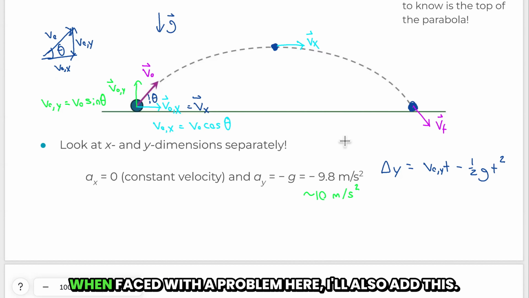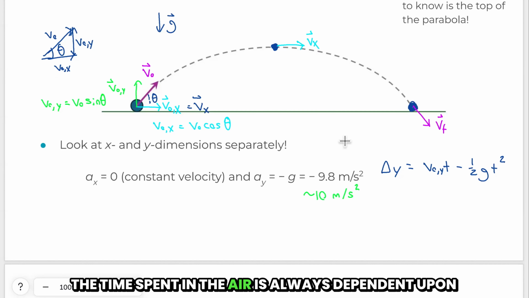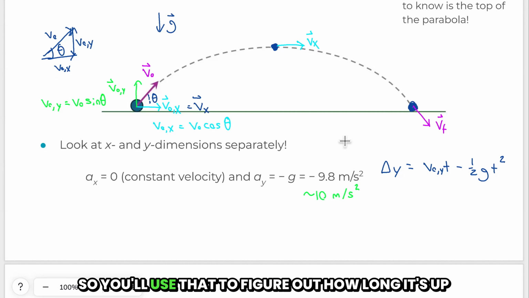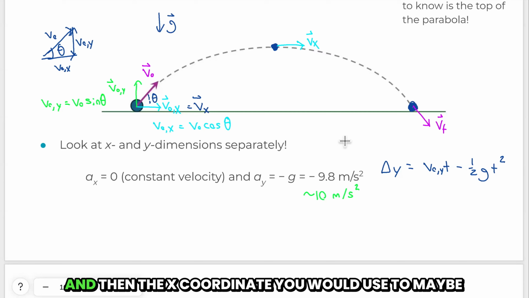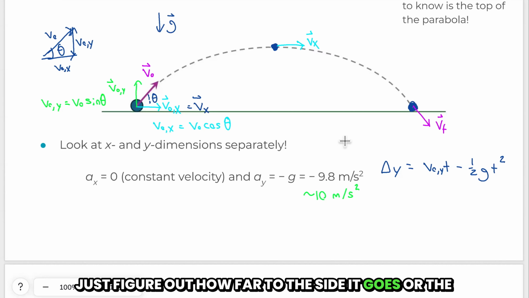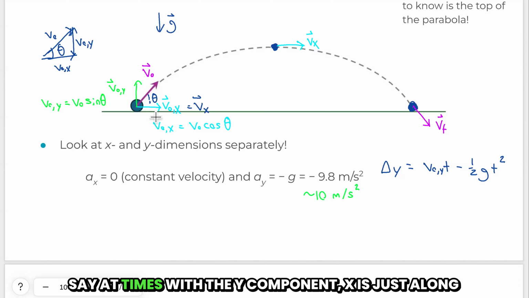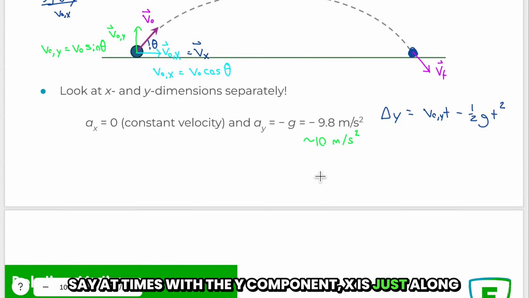When faced with a problem here, I'll also add this. The time spent in the air is always dependent upon the y dimension, so you'll use that to figure out how long it's up there. And then the x coordinate you would use to figure out how far to the side it goes, or the range. So times go with the y component; x is just along for the ride.